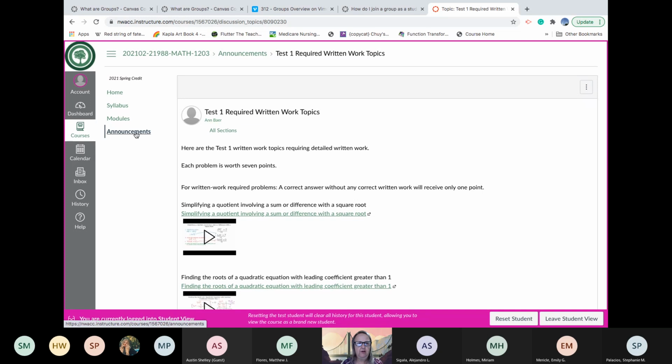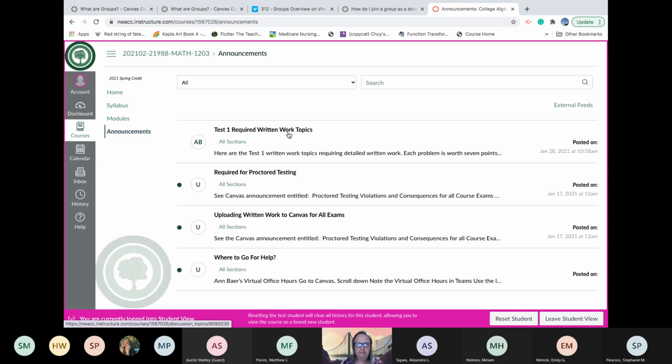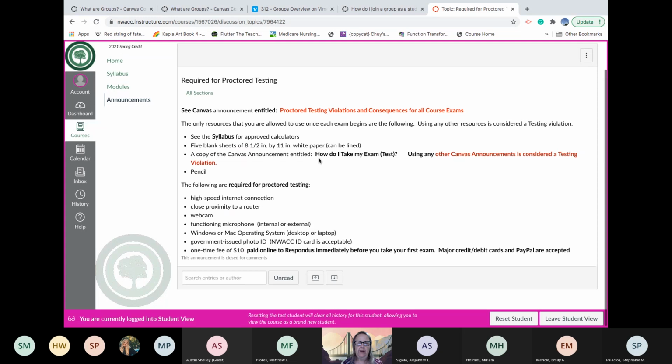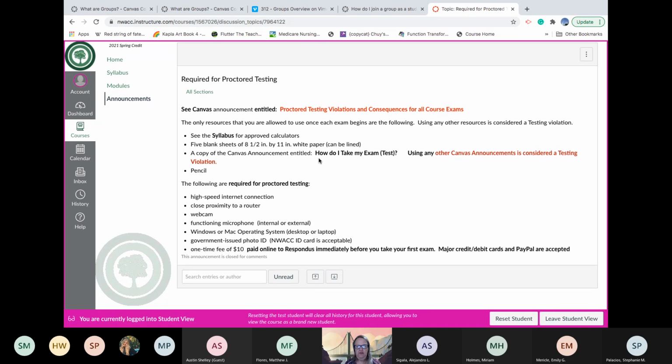Okay, let's take a look at another announcement. Required for proctored testing. And this, I believe, was all in the course syllabus at the beginning of the semester, at least a good part of this, at least this bottom part here. So there will be other proctored testing announcements.